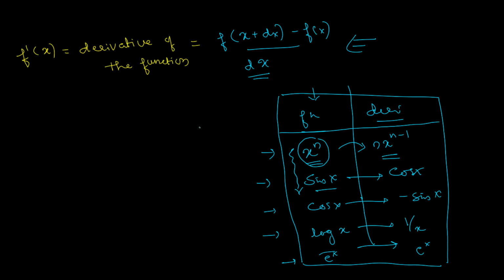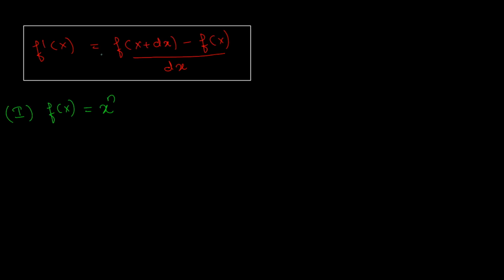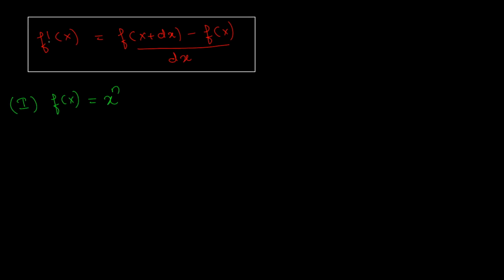Let's try that. We already know that the derivative of a function, f dash of x, is f of x plus dx minus f of x by dx. That's your first principle right there. Let's try to find the derivative of this function. Let's say you don't know anything, and we are trying to get at the expression that the derivative of x to the power n should be n into x to the n minus 1.